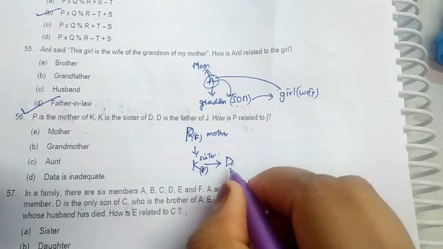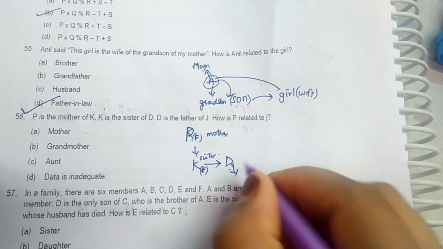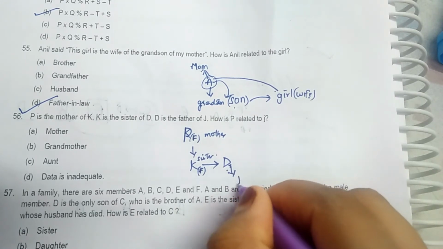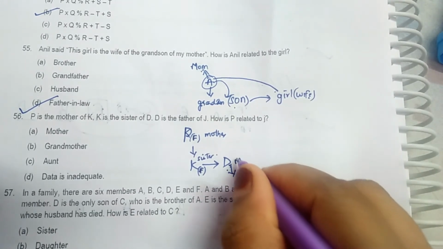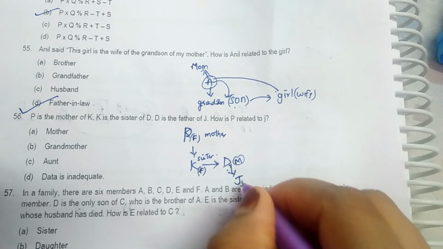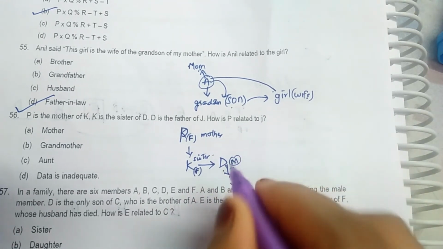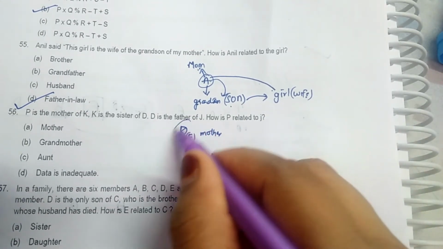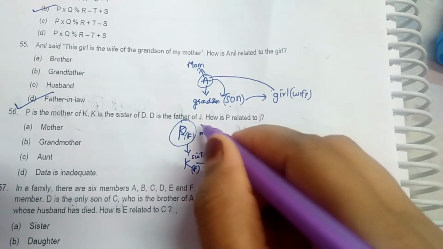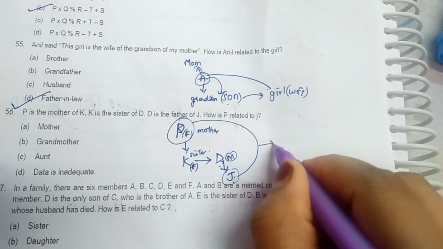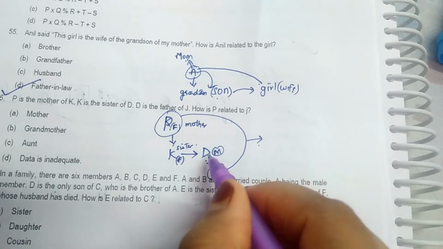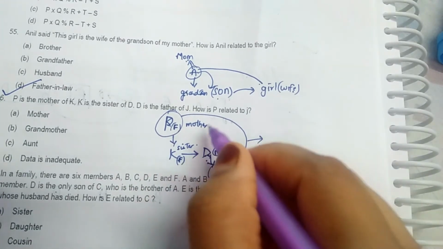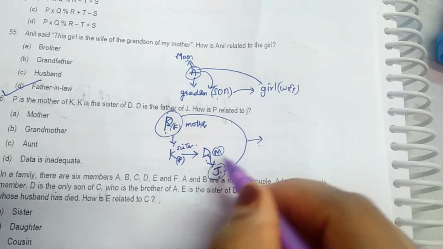D is father of J. So the line goes down. He is the father of J. He is the male. Right? Okay. Now, what's the relation between P and J? It's asking us the relationship. It means that P is mother of D also.